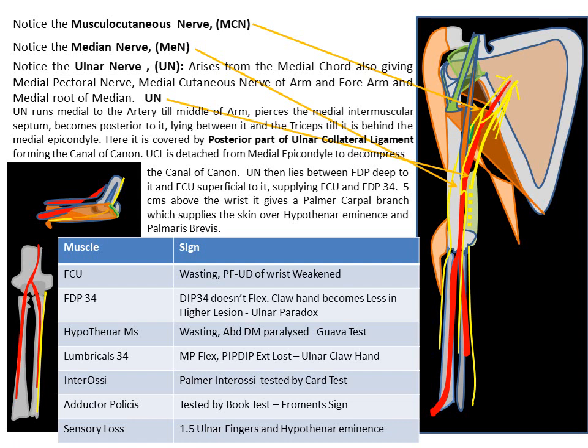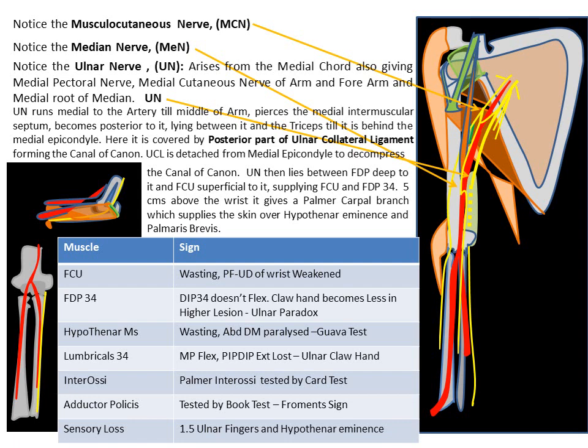This is the formation of the canal of Guyon. And here, if the nerve is swollen, it can get entrapped and paralyzed, especially in leprosy. The ulnar collateral ligament has to be detached from the medial epicondyle to decompress the nerve in the canal.